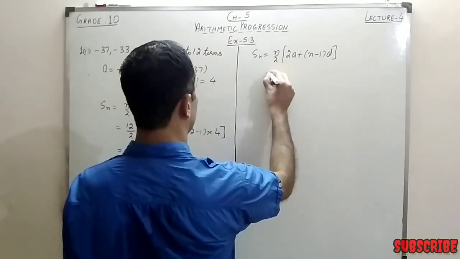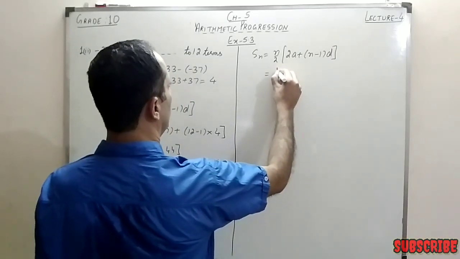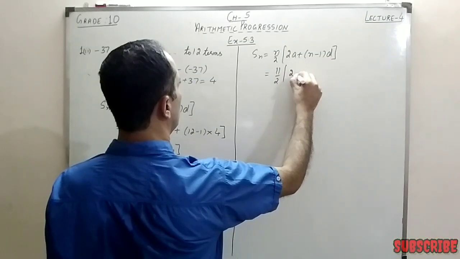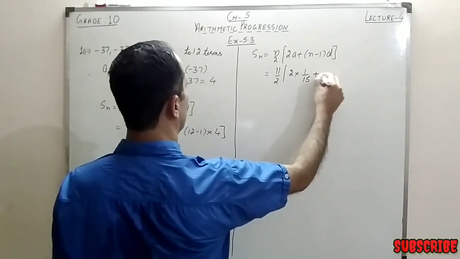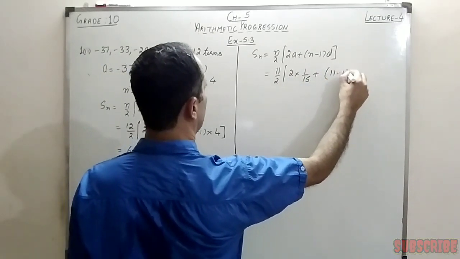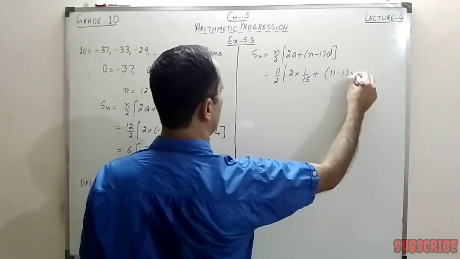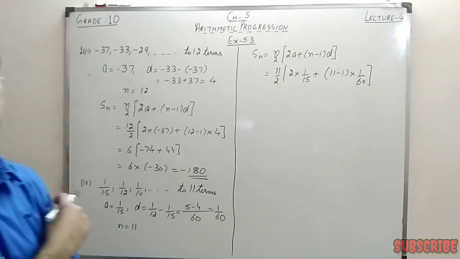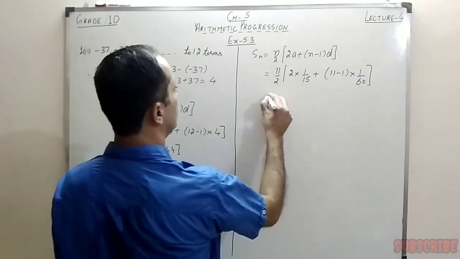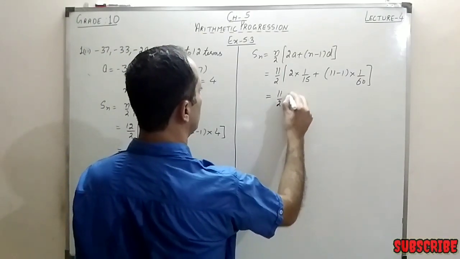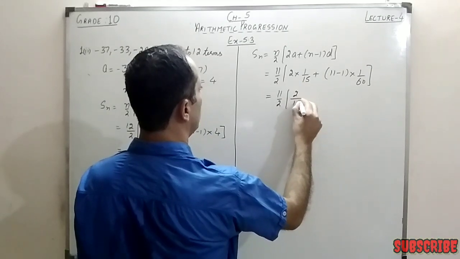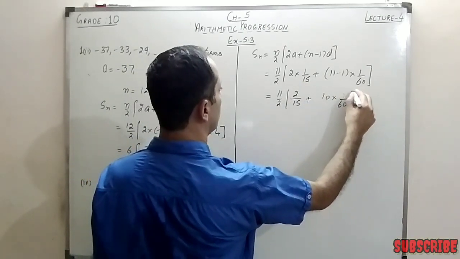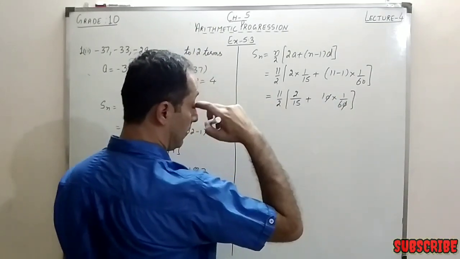So this is 11 by 2 into 2 into 1 by 15 plus 11 minus 1 into 1 by 60, right? So next will be, this is 11 by 2, 2 by 15 plus 10 times 1 by 60. So 0 cancels out. Now what am I left with?